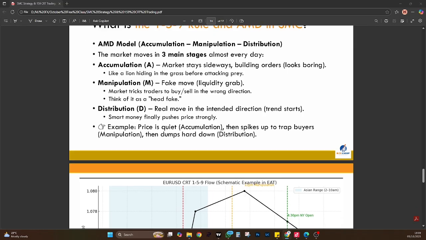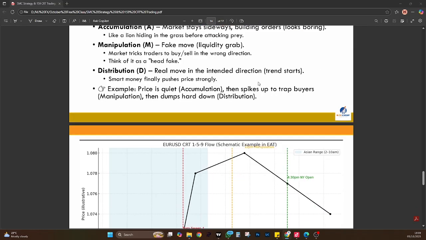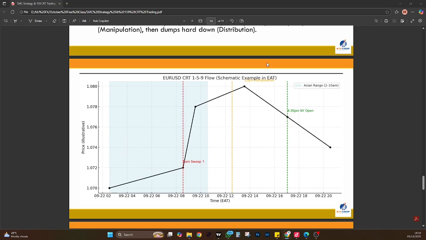Then we have distribution. This is the real move, the intended direction of the market. After manipulation, the market will move in the direction it was intended to, and I am going to show you this in the charts.